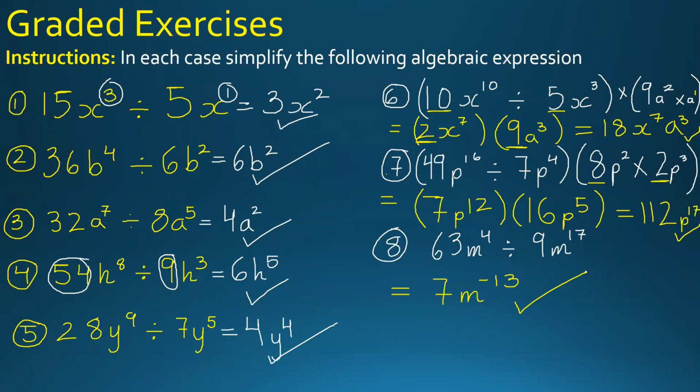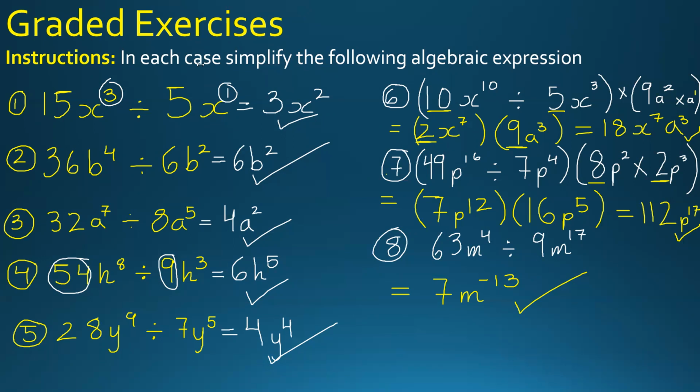Number 7 is deep. If you don't understand number 7, don't worry. Number 8 is doable, but number 7 is just steroids.